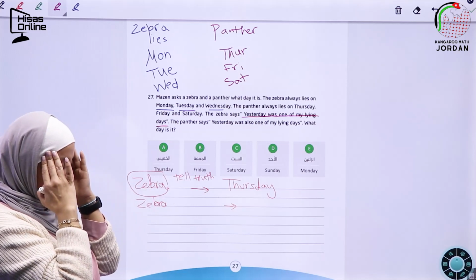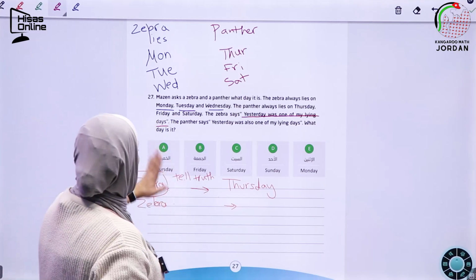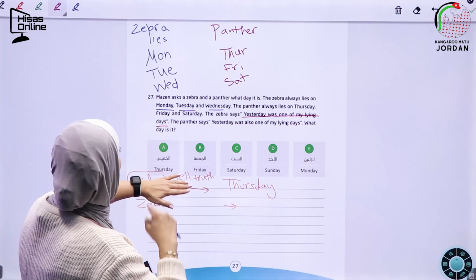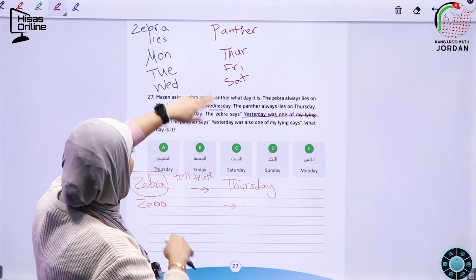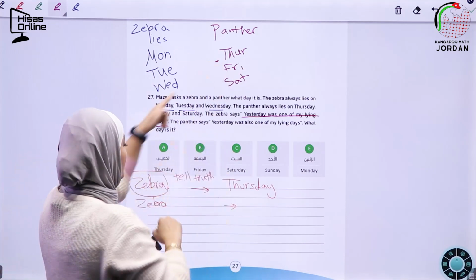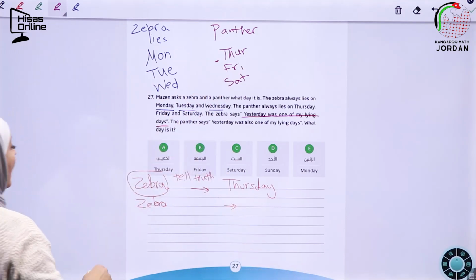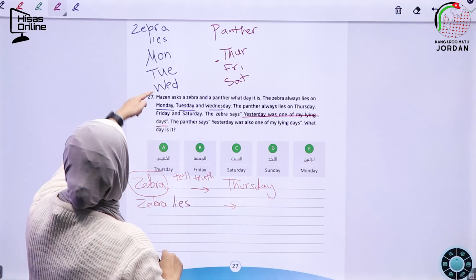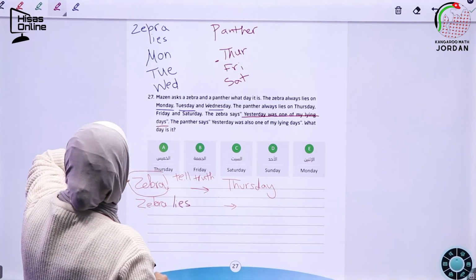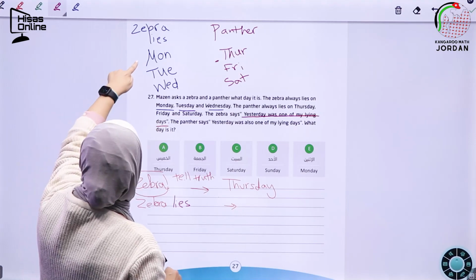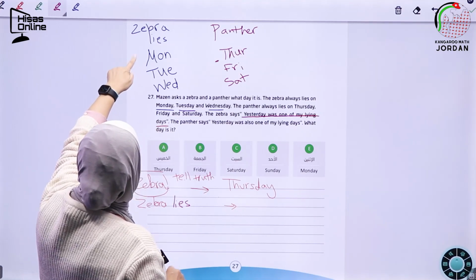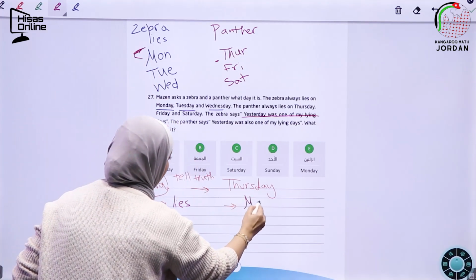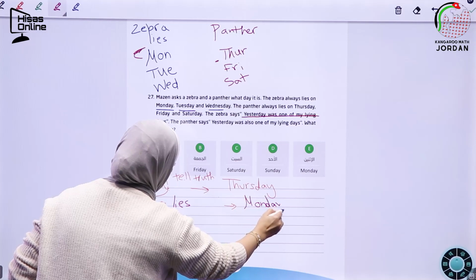If it tells the truth and yesterday was one of her lying days, then today is a truth day and yesterday her lying day, so no option, just Thursday. And if it lies, Monday is her answer.